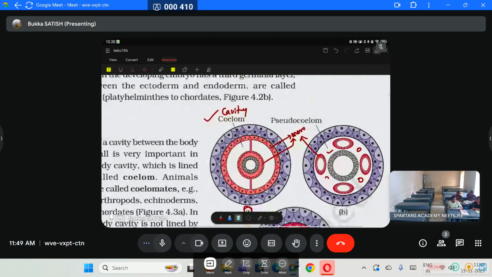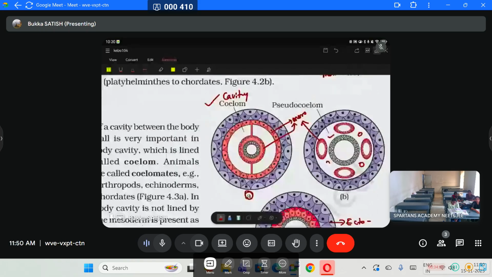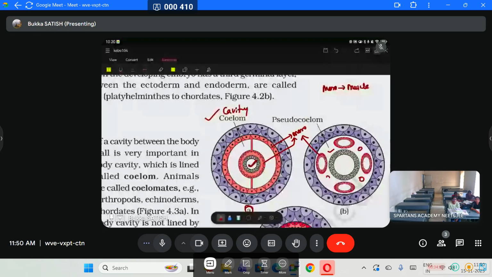See, the advantage with the eucoelomata is, as we know, mesoderm is the one that gives the muscle, right? Now, if you see the animals with the true coelom, this is the digestive tract. The middle one is the digestive tract, gastrointestinal tract. Gastrointestinal tract consists of muscles.